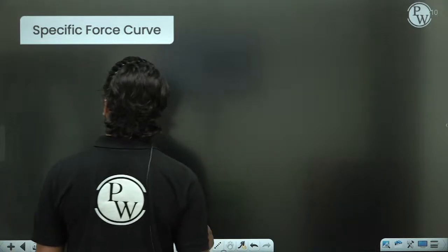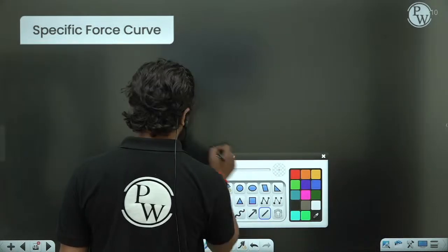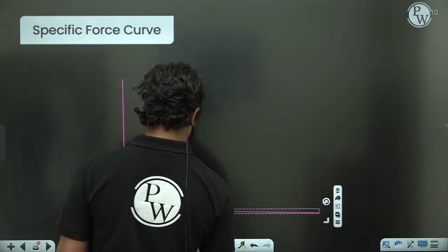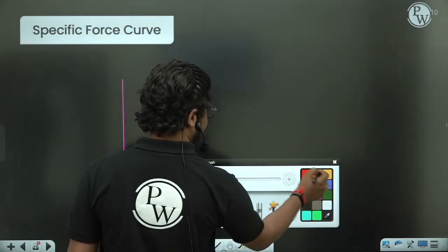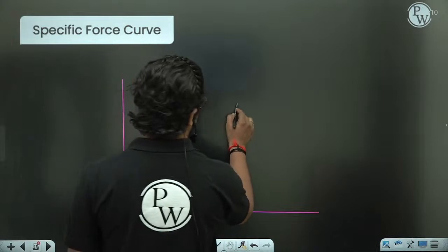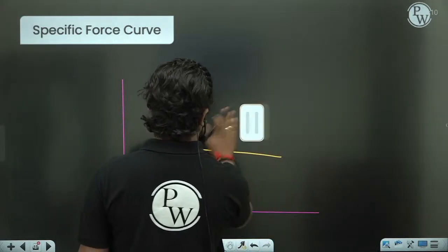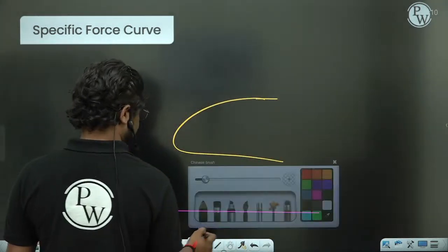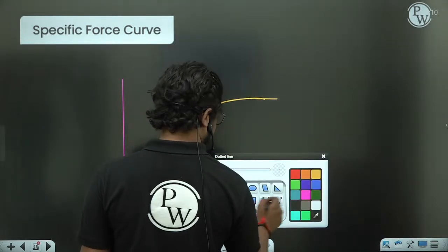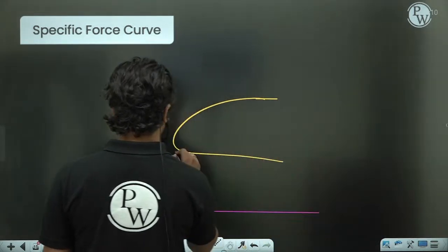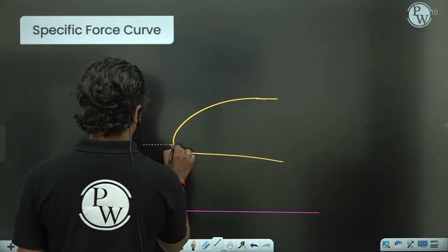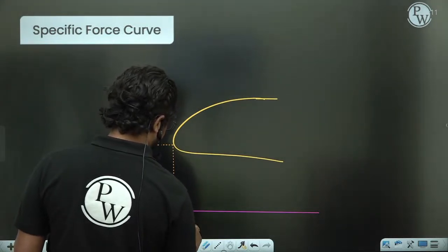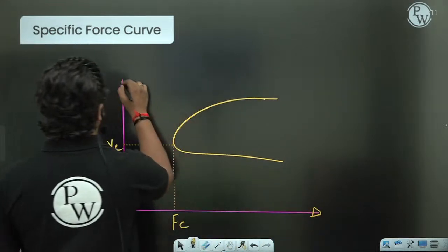So the specific force curve is also there, that I'm drawing for you guys. Here also you will find that at the critical depth you have minimum specific force.